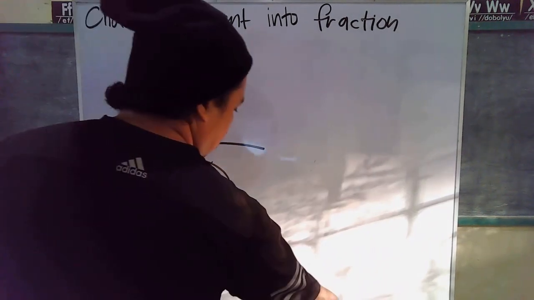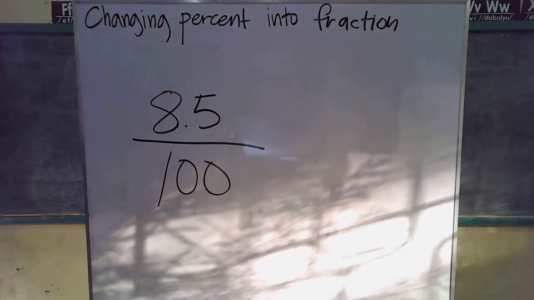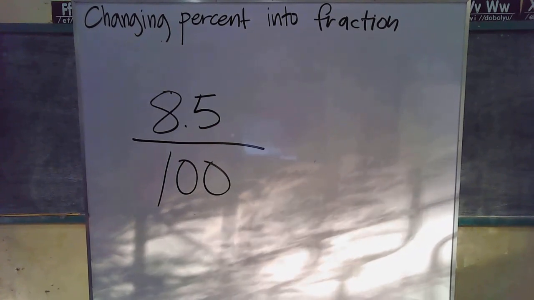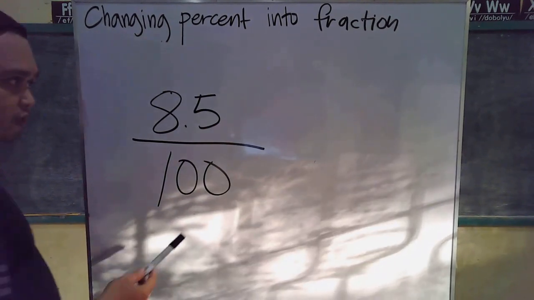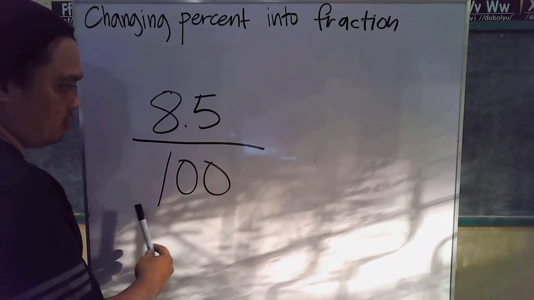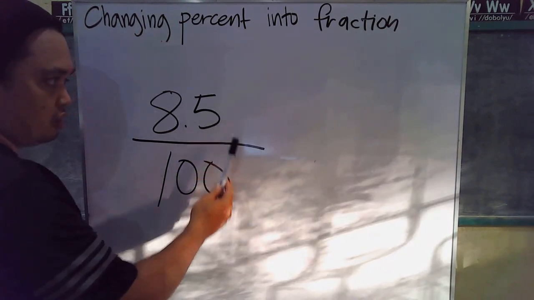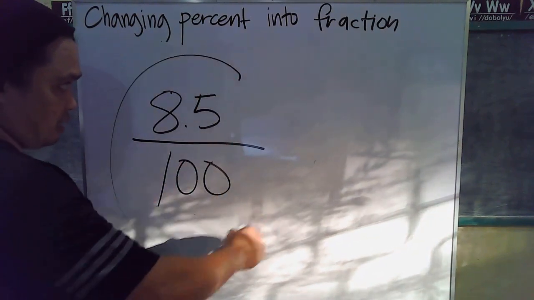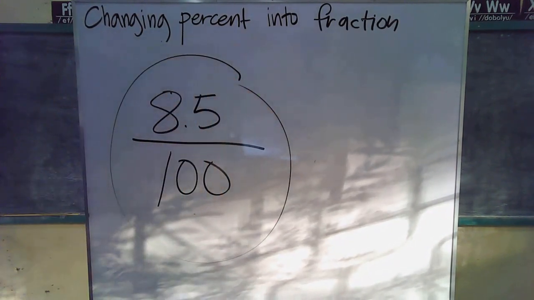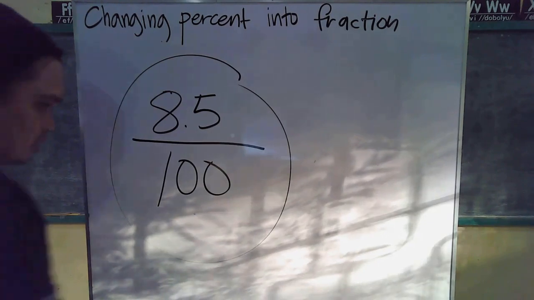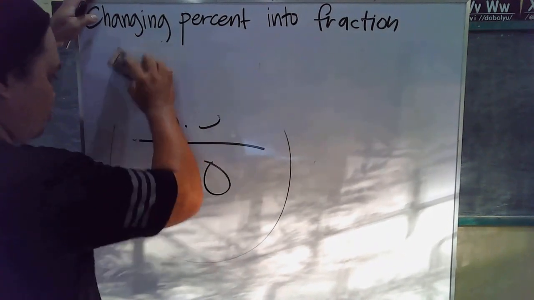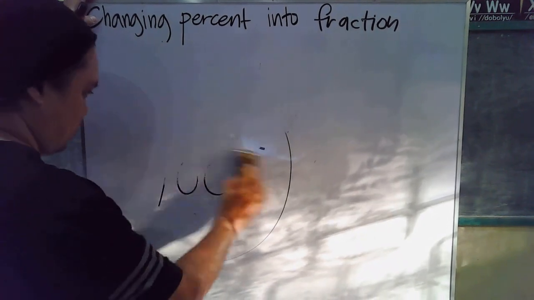After that, change the fraction into lowest term if possible. Okay, now we have here 8.5 over 100, so we can no longer change them to lowest term, so this will be your final answer. That's 8.5 over 100.